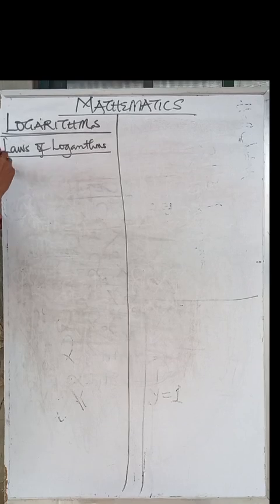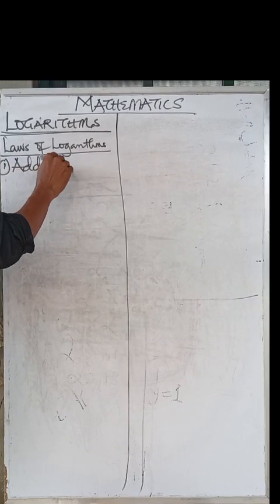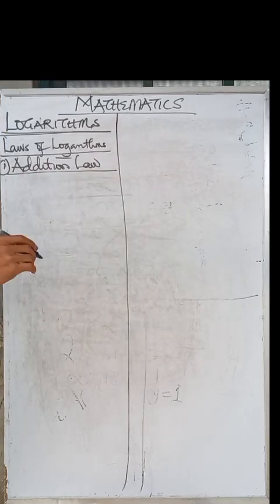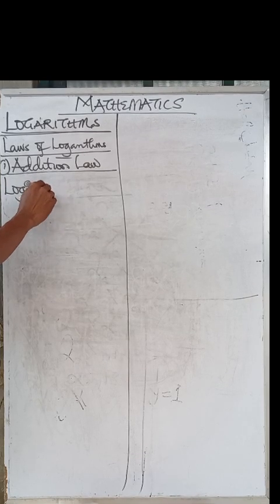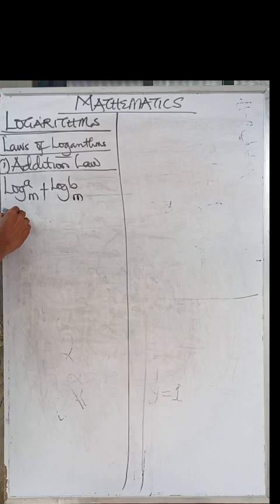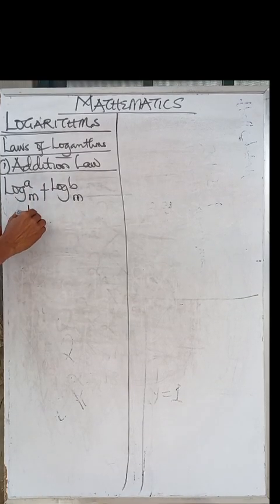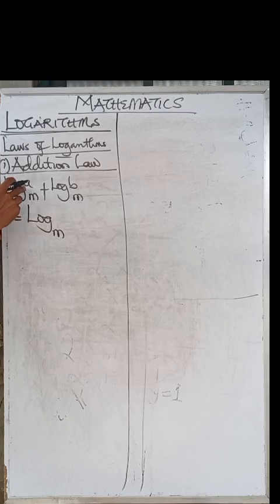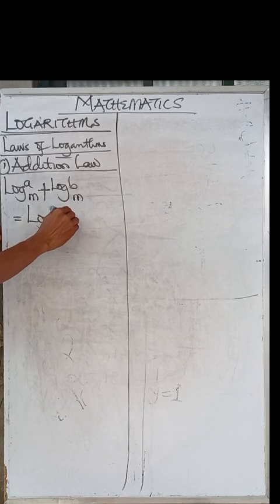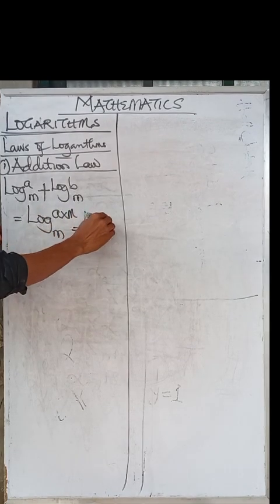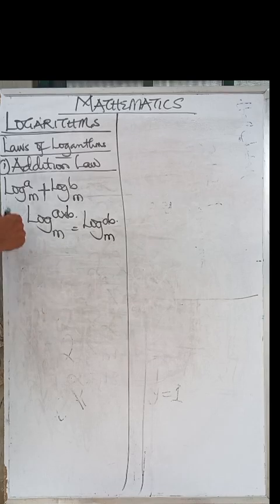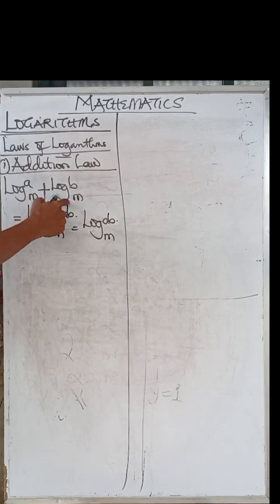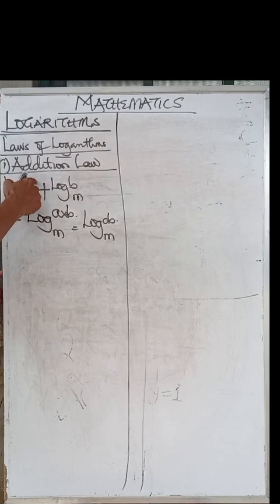Now, the first law is called the addition law. The addition law states that if you have log a base m added to log b base m, if the bases of the logs are the same, you pick one of the logs, and for addition, you multiply the numbers.